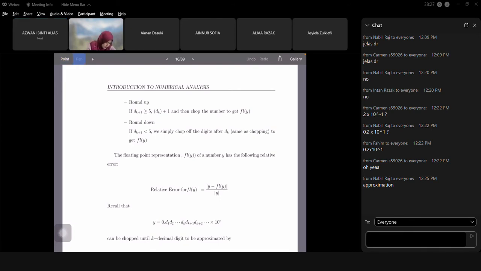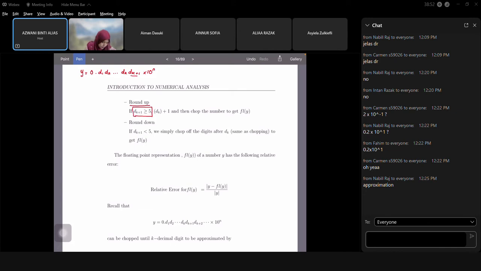Okay, jap. Let's say y saya adalah 0.D1, D2, DK plus 1 darab 10 kuasa n. Okay. Bila kita nak round up, if DK plus 1 is greater than or equal to 5.